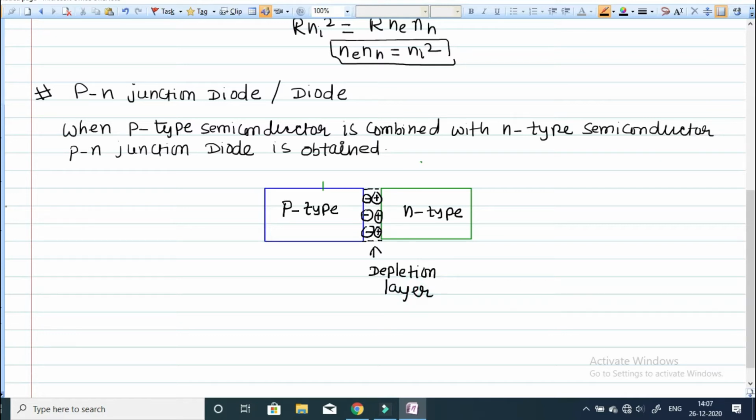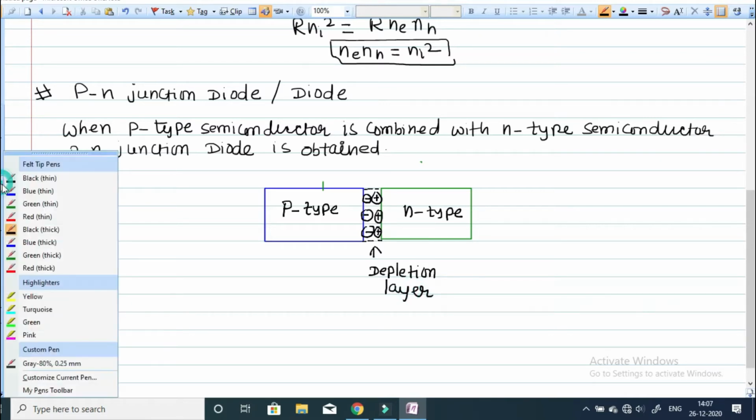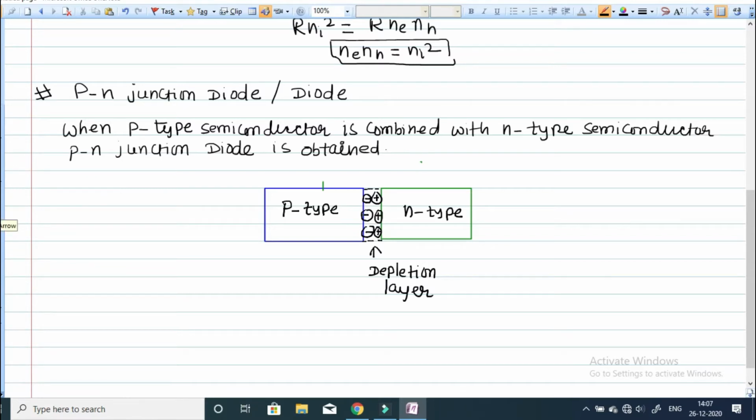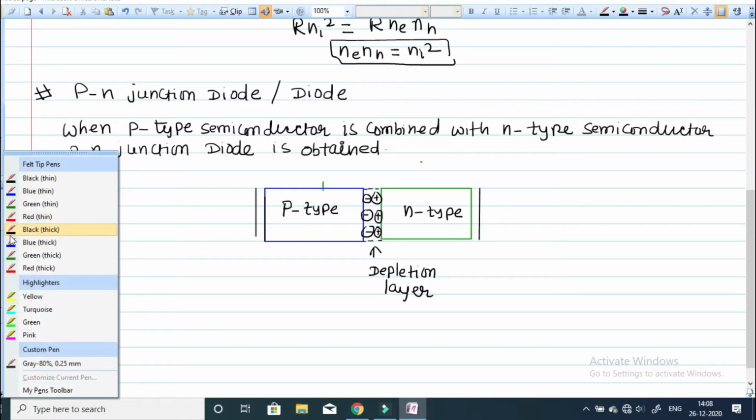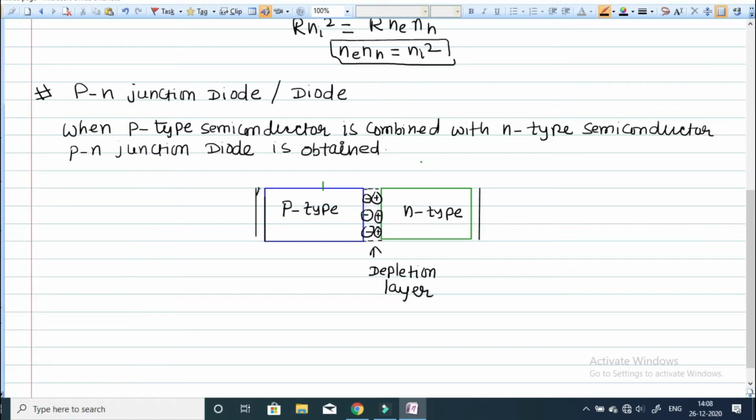Now this p-type and n-type semiconductor are joined with metallic plates. These are the two plates. Metallic contacts are there, and from here wire is soldered to take out the connection from p-type and n-type semiconductor.